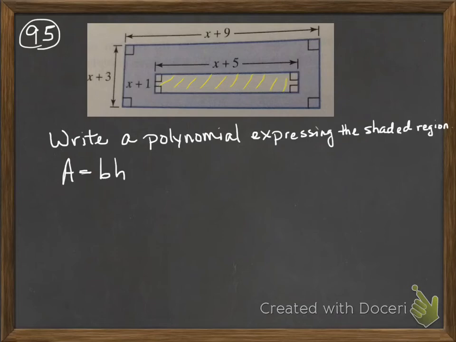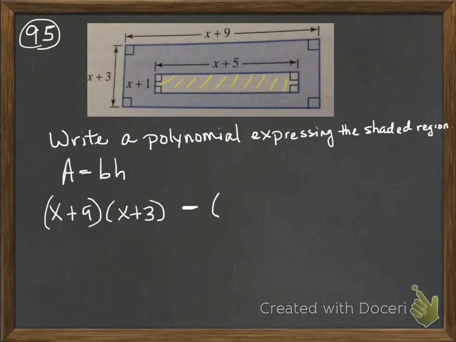So the area of the big rectangle would be x plus 9 times x plus 3. That's the area of the big rectangle. And because we're cutting out the little rectangle, we're taking it away, we have to subtract the area of the little rectangle.